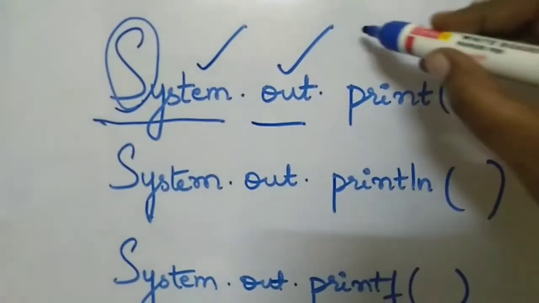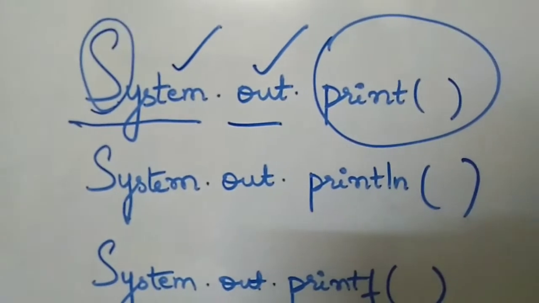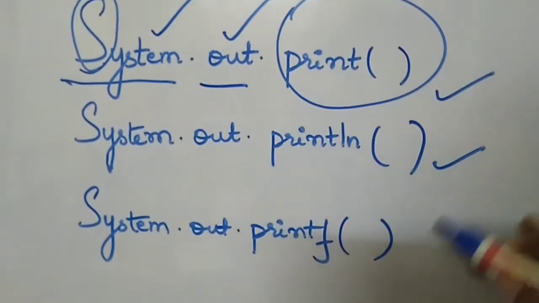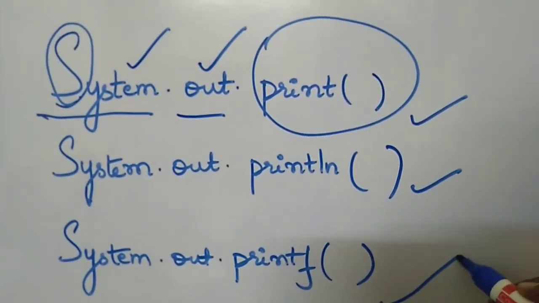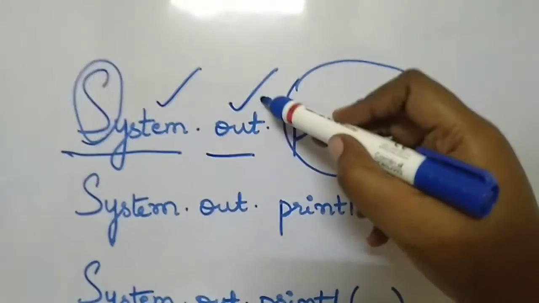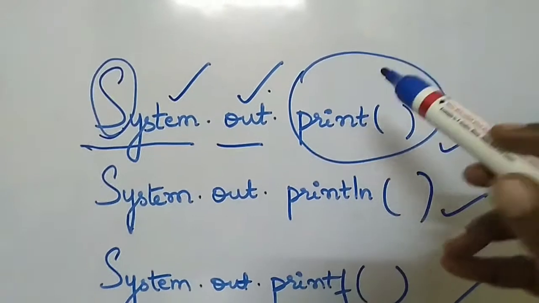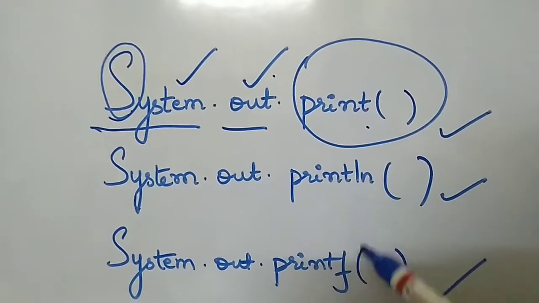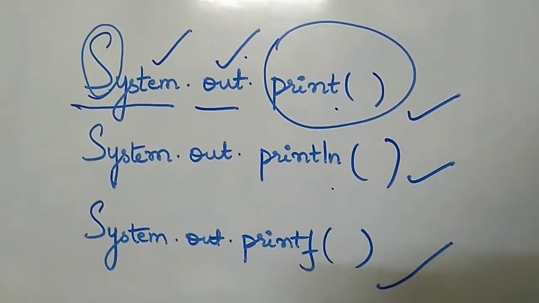And then these methods print, println and printf are the methods of the PrintStream class. Since out is of type PrintStream, you can access the methods of the PrintStream class. That's what we are doing over here.